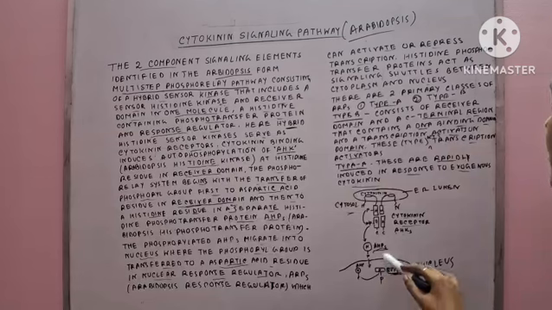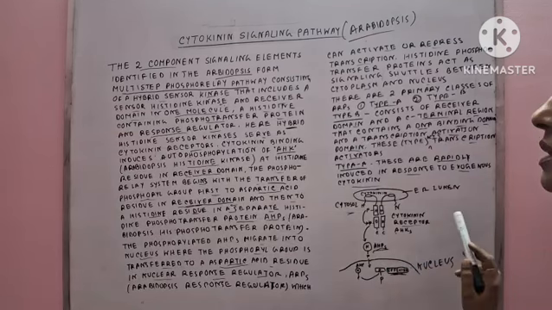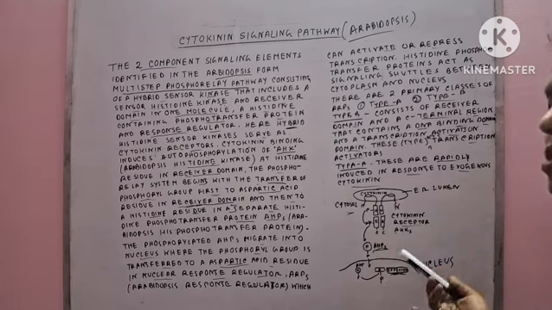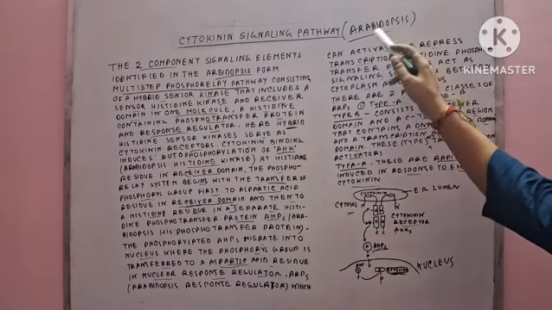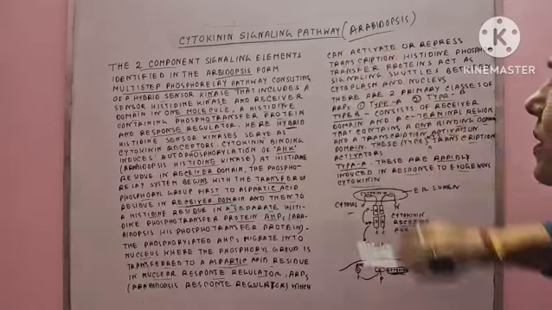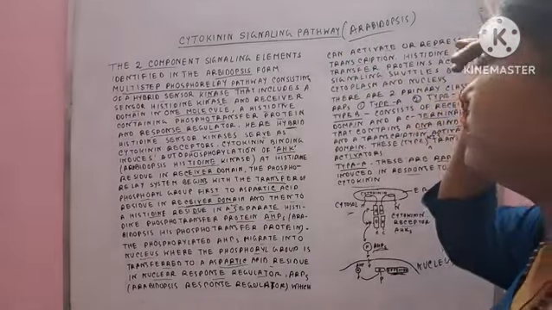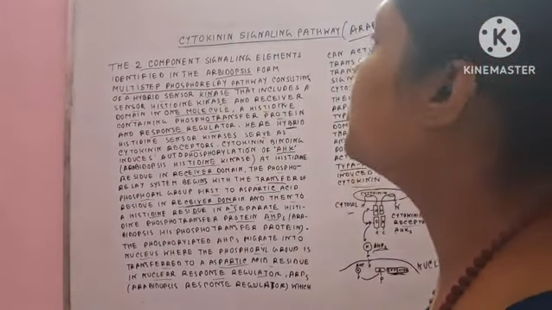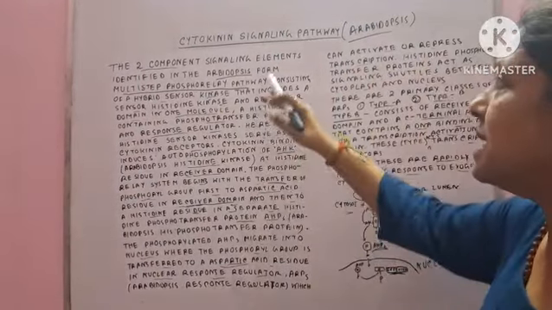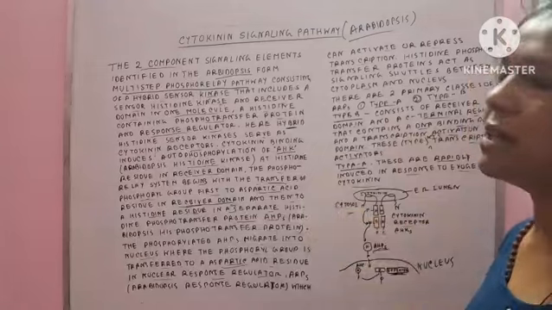When this is activated, the effector helps in the continuation of the transcription process, and then the signaling pathway occurs. So this is the process of the multi-step phosphorelay pathway involved in the cytokinin signaling pathway.